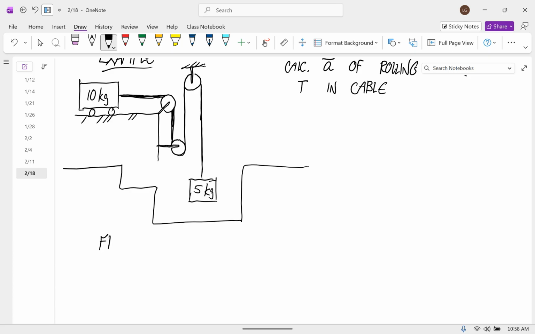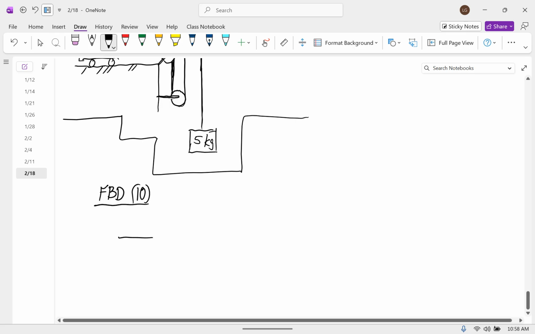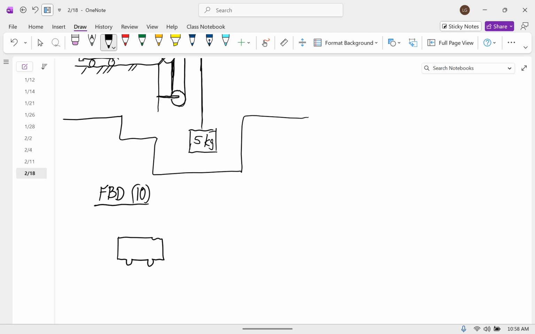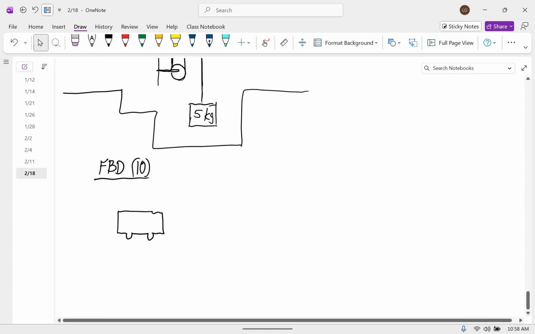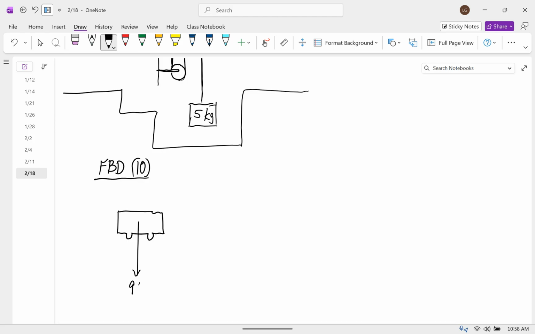So first I'm going to do a free body diagram of the 10 kilogram. 10 times 9.81 is 98.1.